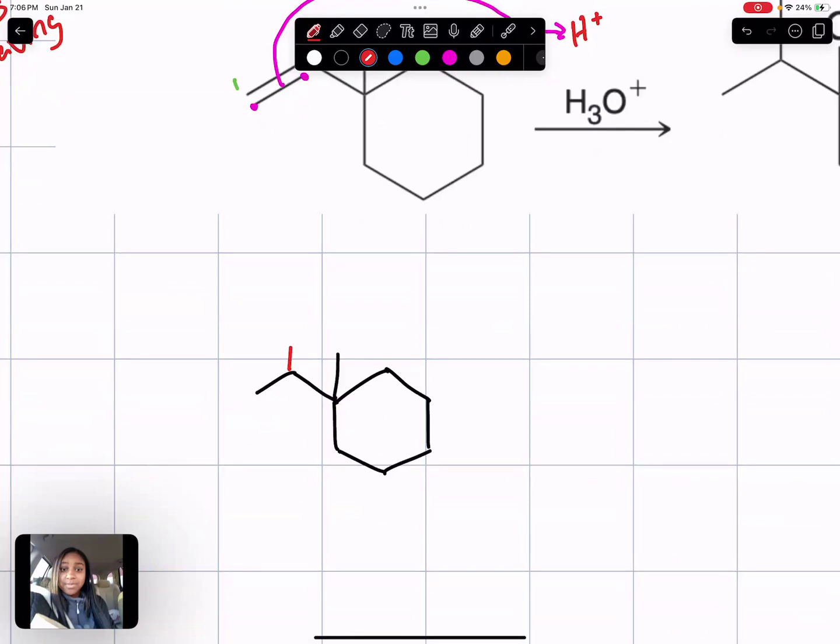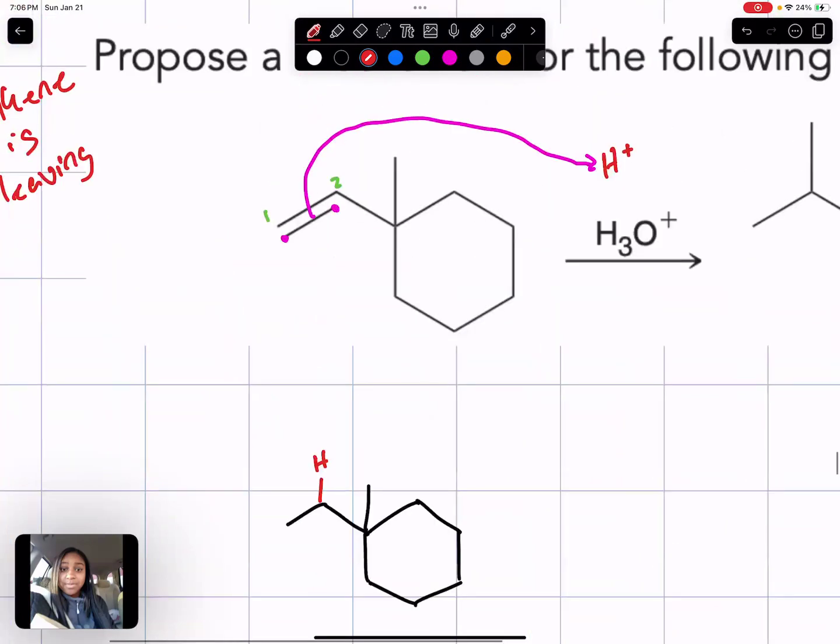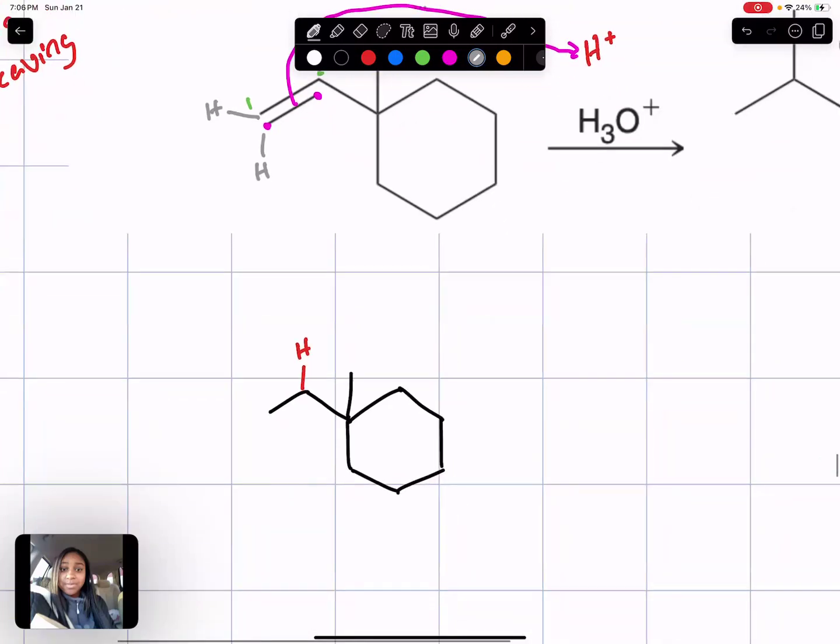So if it added at carbon number 2, what would happen to carbon number 1? Look at the implied hydrogens. The implied hydrogens here are 2 hydrogens, right? So now if that carbon only has 2 hydrogens, wouldn't there be a positive charge here? Is that what we want?